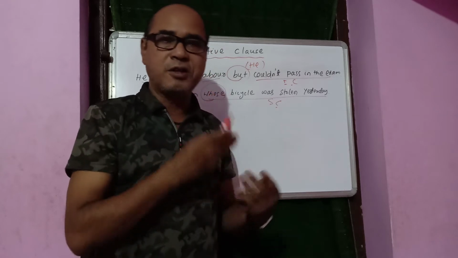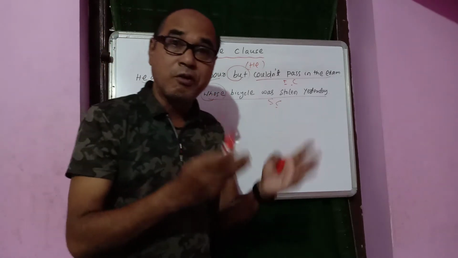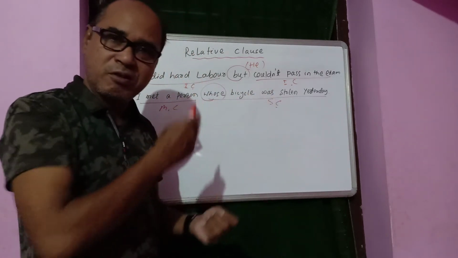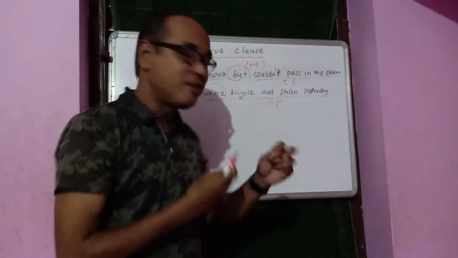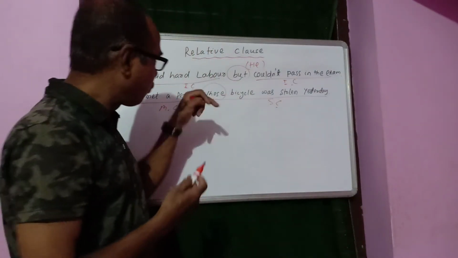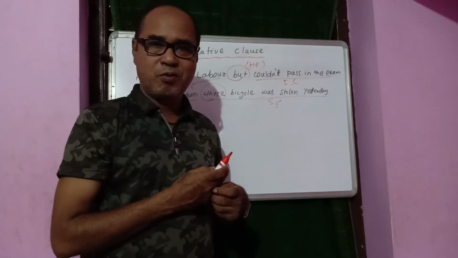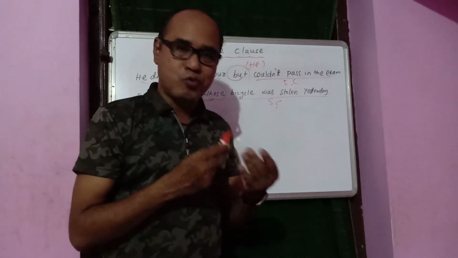It's an adjective clause. Or we can say whose is used as a relative pronoun. It is used in the place of his. His bicycle was stolen yesterday. Instead of his, instead of a pronoun, we have used a relative pronoun. Okay? Here, what do you mean by relative clause?